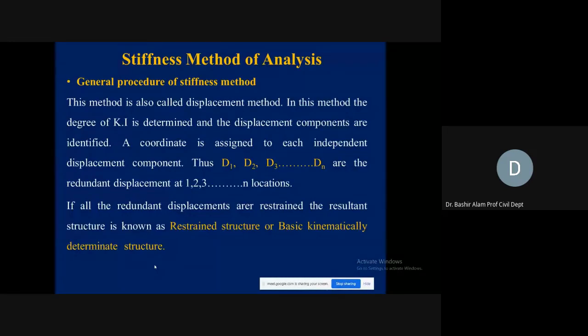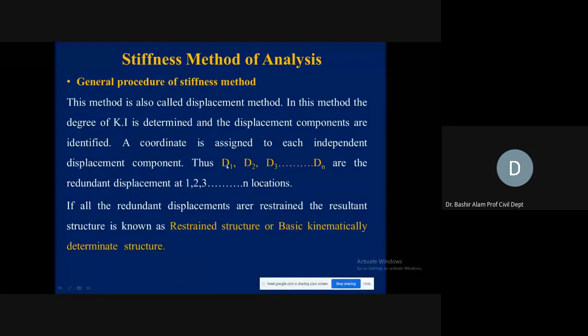In this method, the degree of kinematic indeterminacy is determined. So first you need to find out the kinematic indeterminacy, and the displacement components are identified. You go after the free joints, identify them and label them. A coordinate is assigned to each independent displacement component.